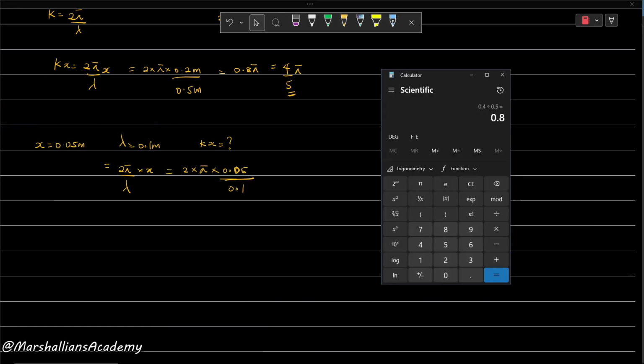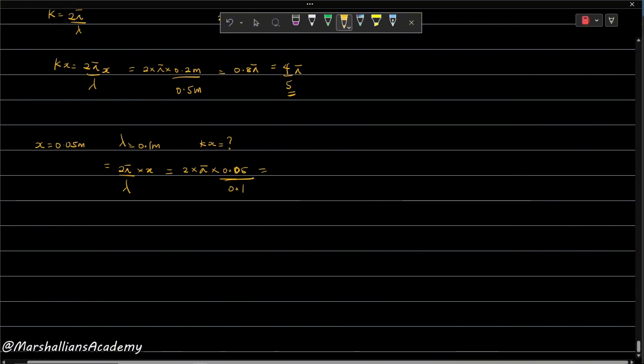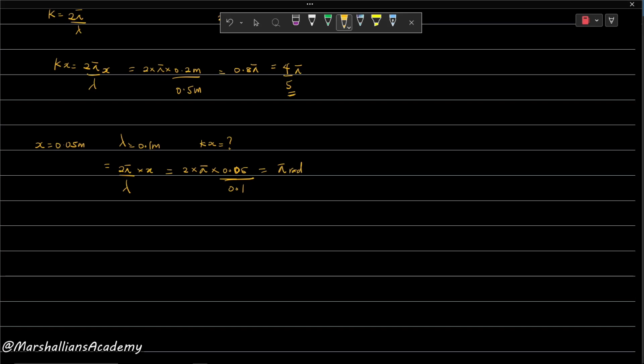Here, pull up your calculator, and we're going to be having 2 times 0.05 divided by 0.1, and our final answer is equal to 1 times pi, which is pi. That's our final answer, pi radian.